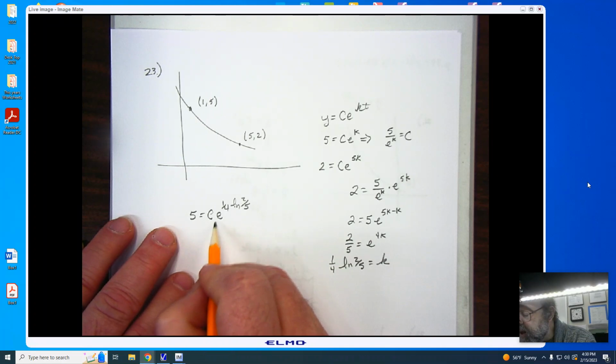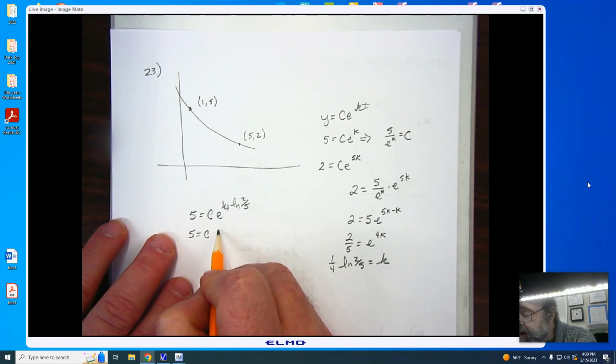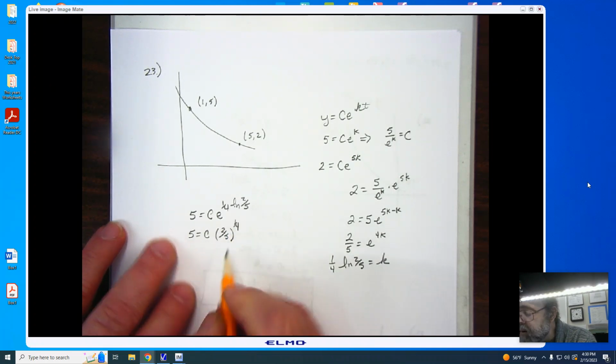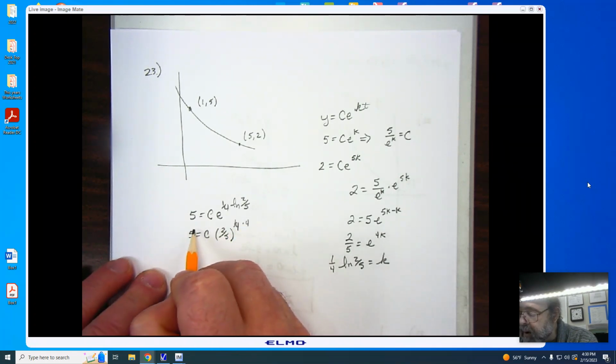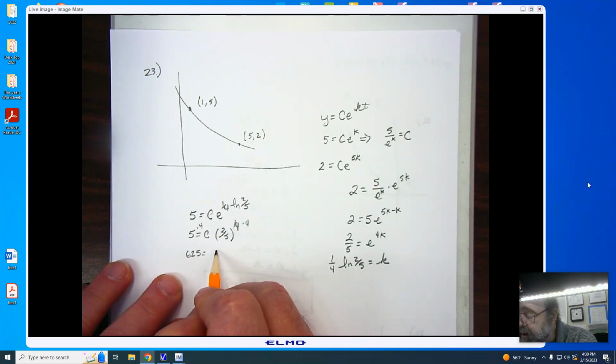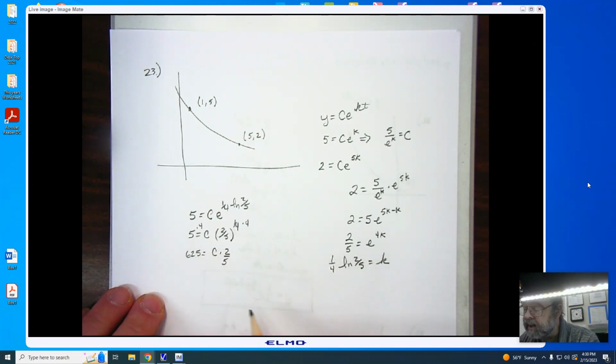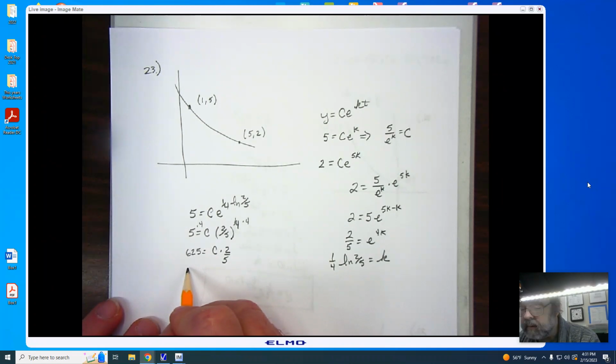And this will give me 5 equal to c times (2/5) to the 1/4 power, raising to the 4th power on both sides. I'm looking at 5 to the 4th, 625, equaling c times 2 to the 5th. So we're going to end up multiplying by 5.